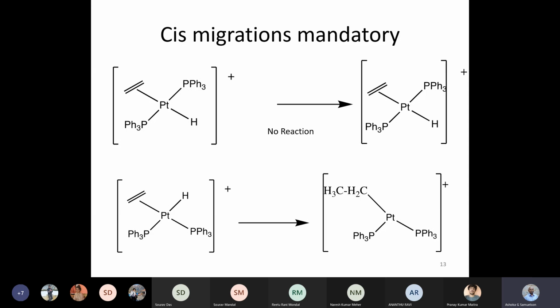So here is a platinum olefin hydride. Both the cis and the trans compounds have been made. This is the trans compound where you have a 1 electron donor trans to a 2 electron donor and there is no reaction. Whereas when you have a hydride, which is a 1 electron donor, cis to an olefin, then the migration takes place easily.